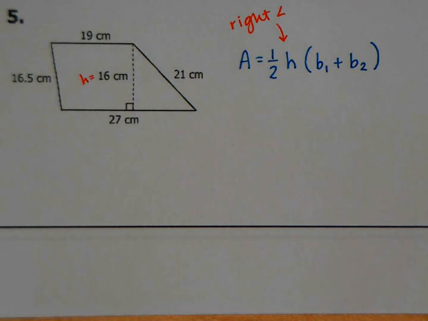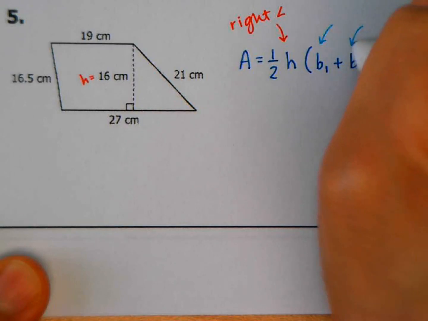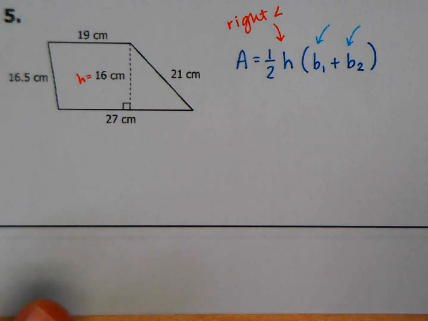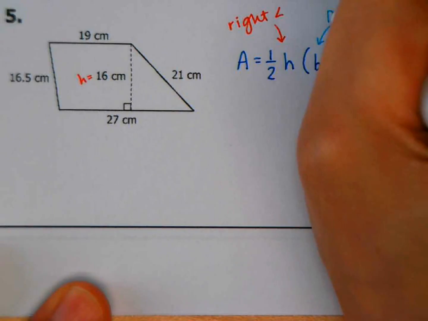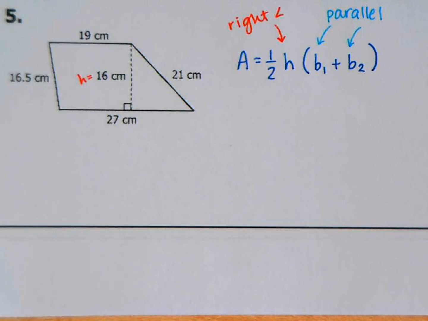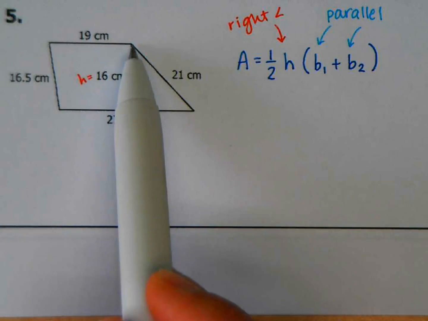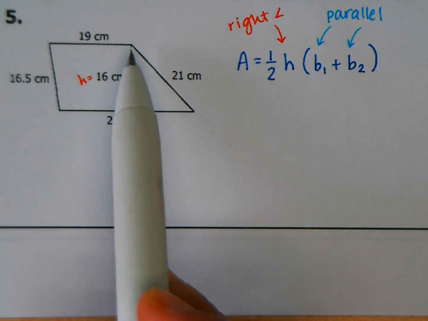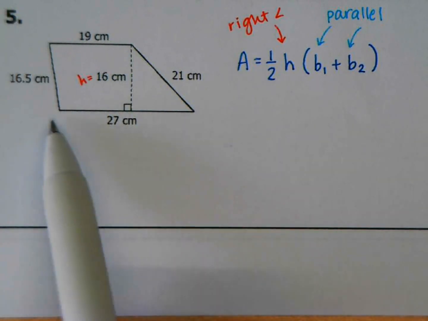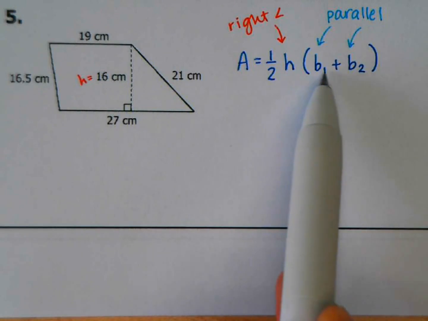Now, for B1 and B2, if you're wondering how do I know which are the bases, these two bases will always be parallel to one another, and they're both going to be 90 degrees from the height. So this 16 is going straight down, making a 90-degree angle here and here. So base 1, base 2, you're just going to add 19 and 27 together inside the parentheses.